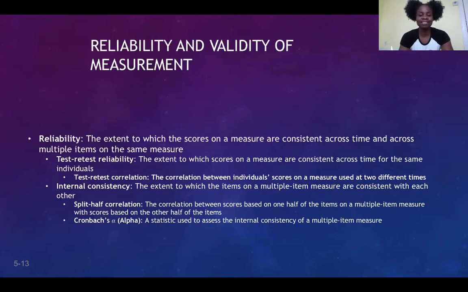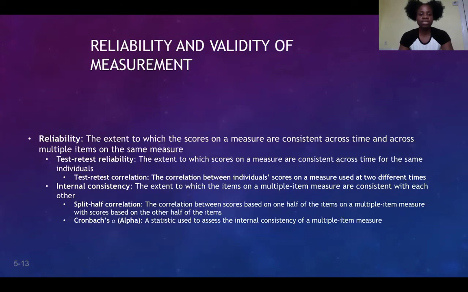Reliability means consistency, and it is a good thing in psychological measures. Psychologists consider three kinds of reliability: test-retest reliability, internal consistency, and inter-rater reliability. So test-retest reliability is the extent to which scores for a construct remain consistent over time.